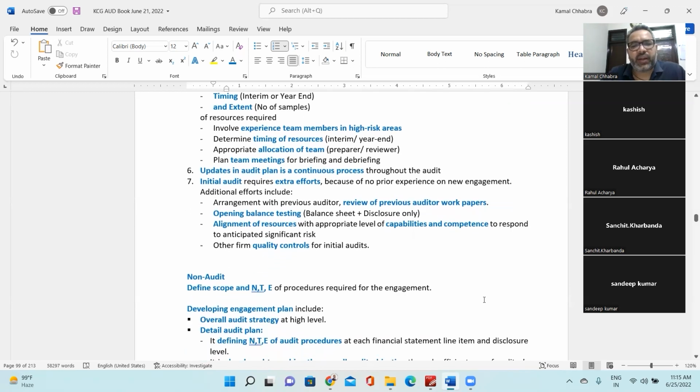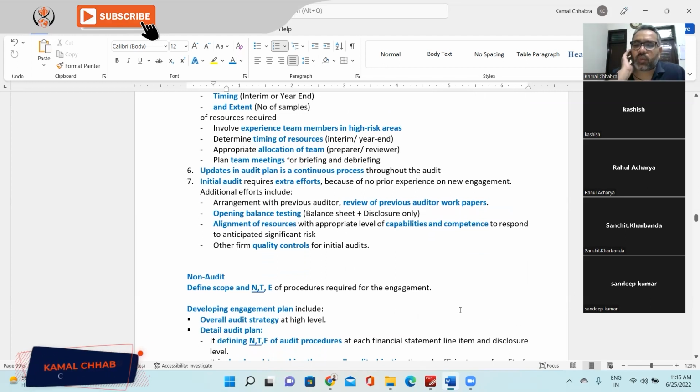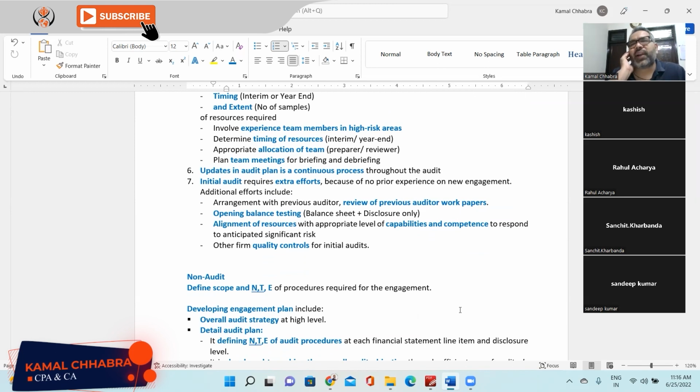Next is update an audit plan. Updating an audit plan is a continuous process throughout the audit. It is not that once you have made the audit planning, you cannot go back and change. The planning document requires continuous update based on the changes in the environment, changes from the management side, and new facts and requirements which come in front of you, right?